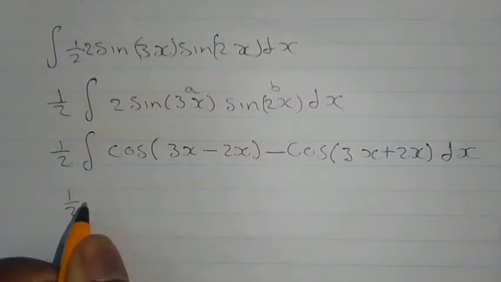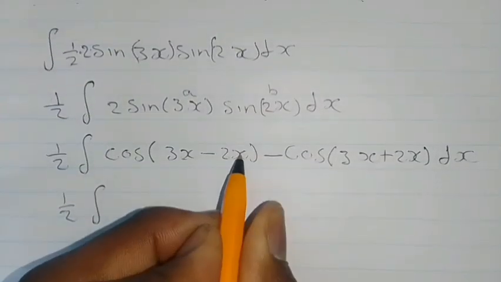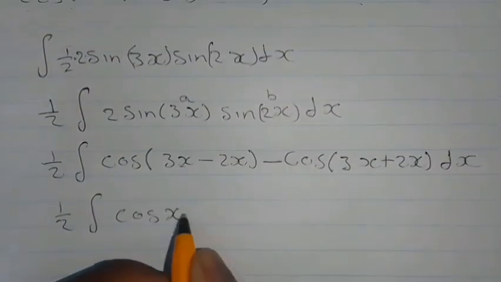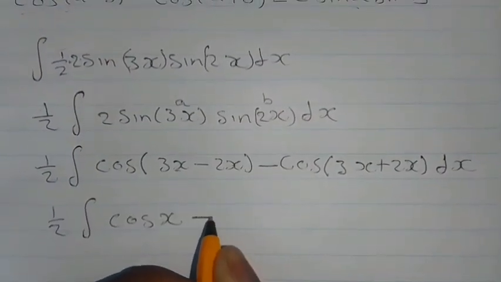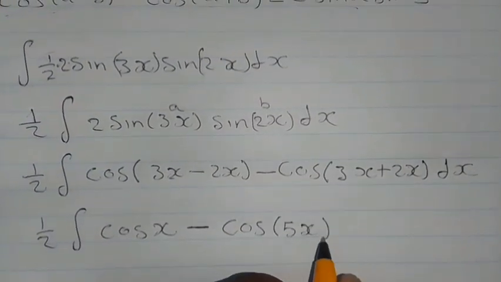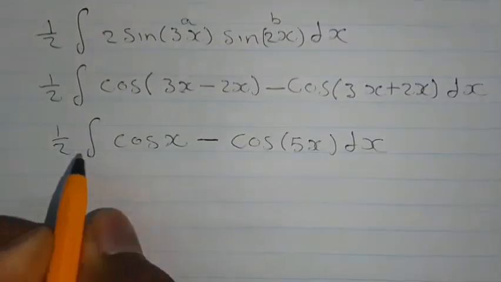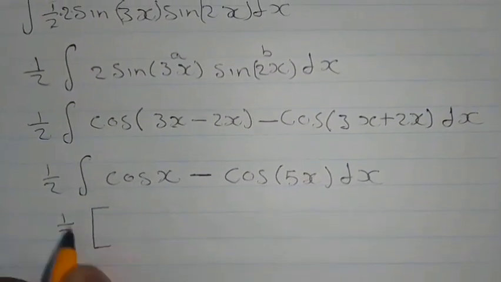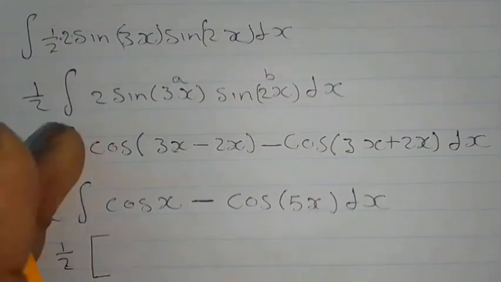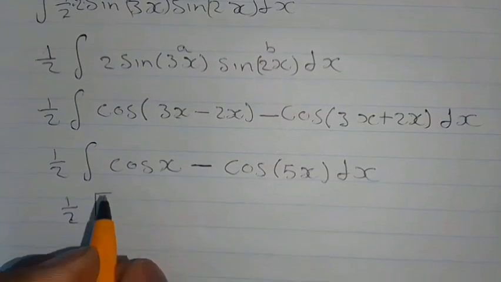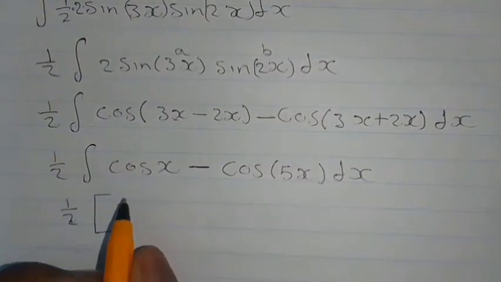So this will be half the integral of cos x, since 3x minus 2x is just x, minus cos 5x dx. So now I can just integrate that with the half outside. Don't forget the half outside, because you took the half outside. If you forget this, the option will be there, because they know it's possible to forget the half.